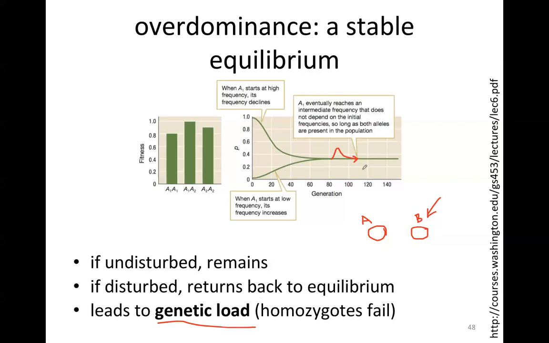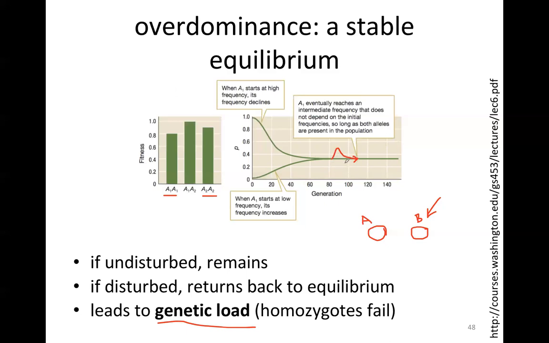Why? Because in this situation there will be a high number of heterozygotes, but both types of homozygotes will also remain in the population, and these will have lower fitness. So the population will be a mixture of high fitness and low fitness individuals.